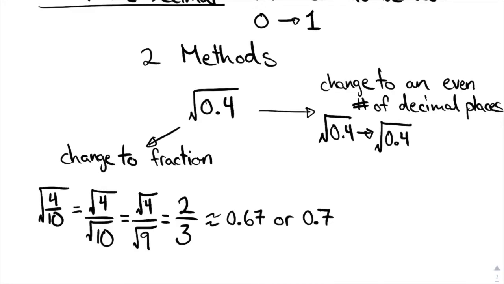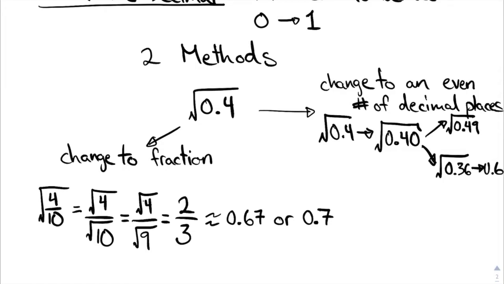And we'd be looking for a perfect square that more or less is 40. So the one above it is 0.49, which is 49, and the one below is 0.36. 0.36 is 0.6 when taking the square root, and 0.49 is 0.7, which gives us, well, is it closer to 0.49 or closer to 0.36?